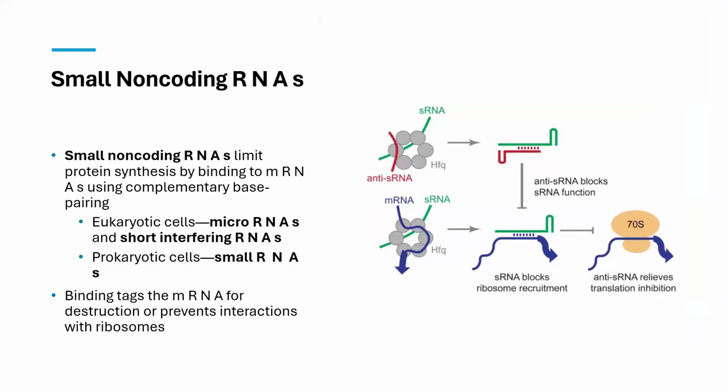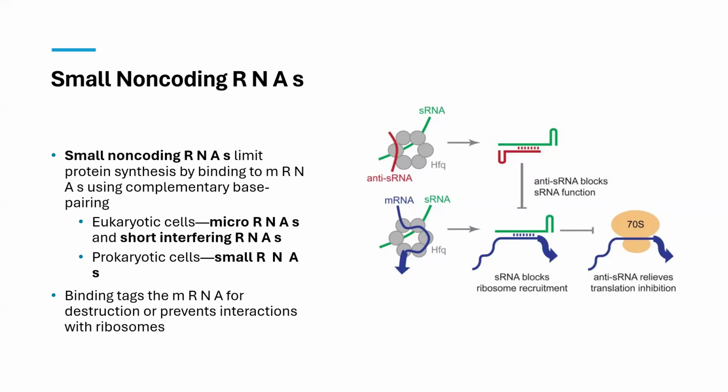We also have small non-coding RNAs. These can come in the form of microRNAs and short interfering RNAs in eukaryotes or just small RNAs in prokaryotes. And what they do is they limit protein synthesis by binding to the mRNA.